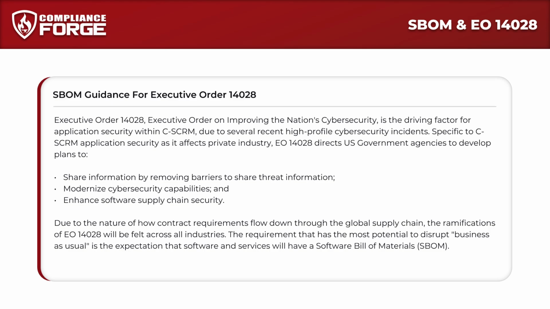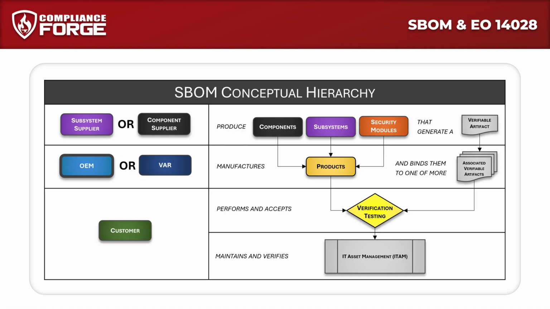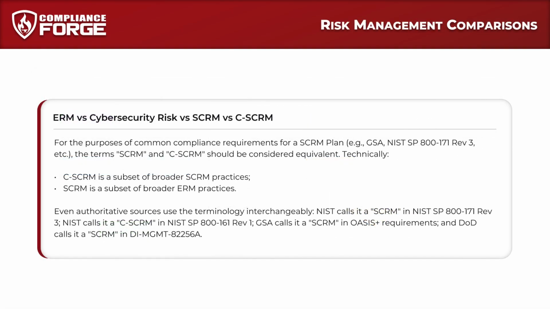The requirement that has the most potential to disrupt business as usual is the expectation that software and services will have a Software Bill of Materials, an SBOM. The C-SCRM SIP includes guidance to address it. Here is the Software Bill of Materials guidance at a glance. Some clarification on terminology.